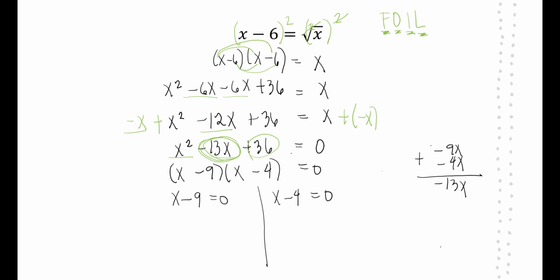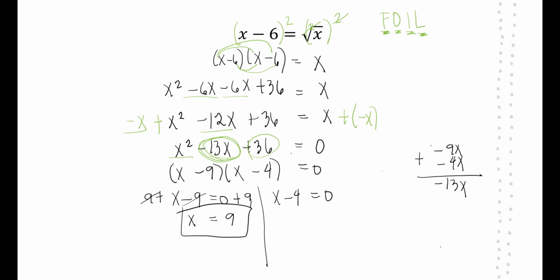In the first equation, x minus 9 is equal to 0, we have to add 9 to both sides of the equation and then simplify. 9 minus 9 is equal to 0, so only x would remain, equals 0 plus 9, and that is 9. So we have our first value of x, 9.